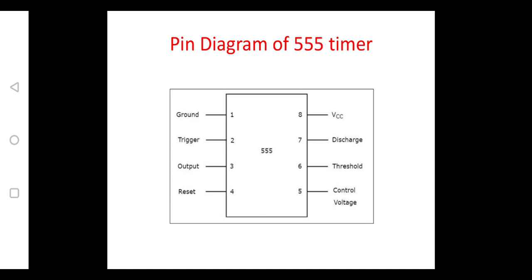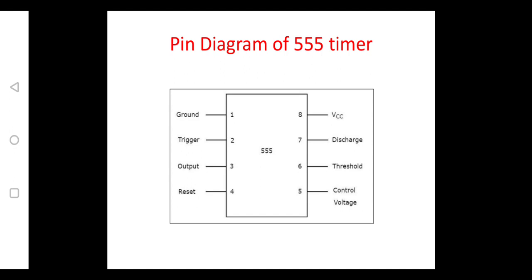Trigger is where we give a negative pulse in order to change the state, but the control voltage specifies imposing a voltage on this pin by connecting a potentiometer, so that we can use it for variations of the frequency with respect to changes in the amplitude of the signal.